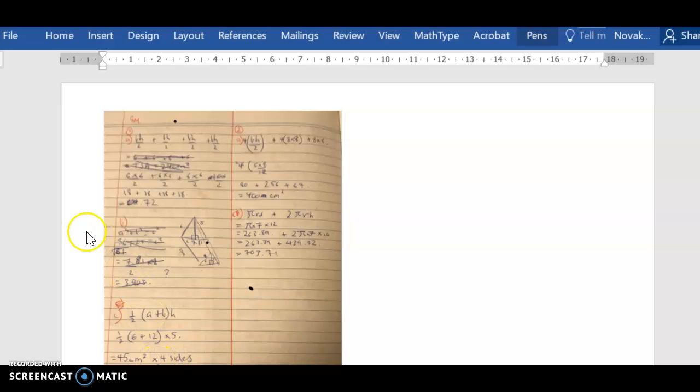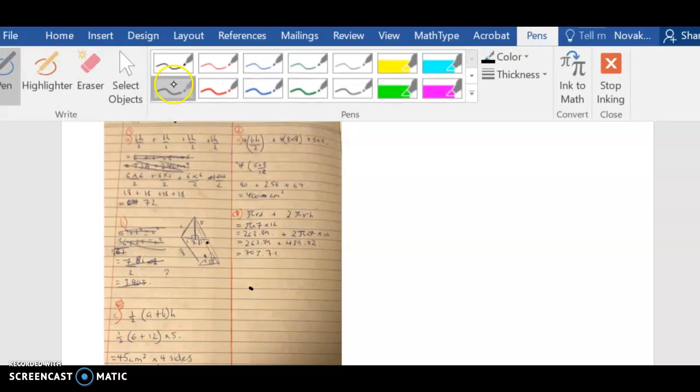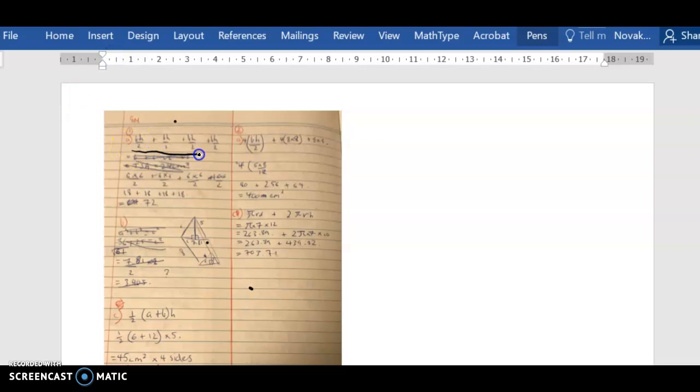So if I look at the questioning, which is question one, as you see, this student has identified four triangles, base times height.